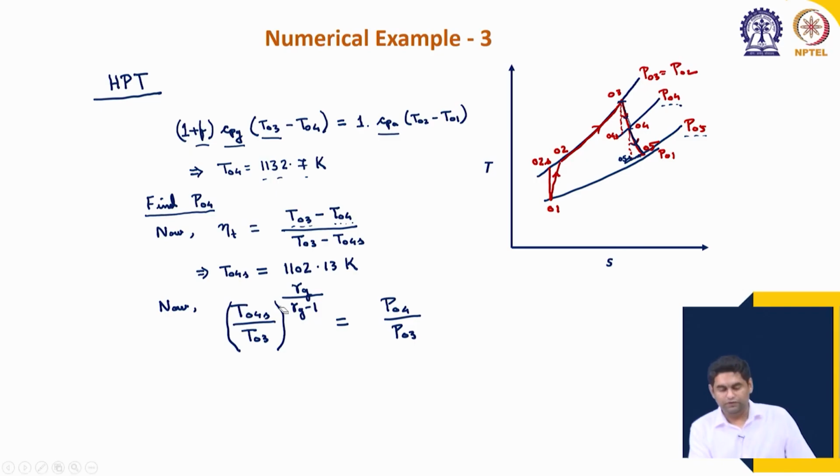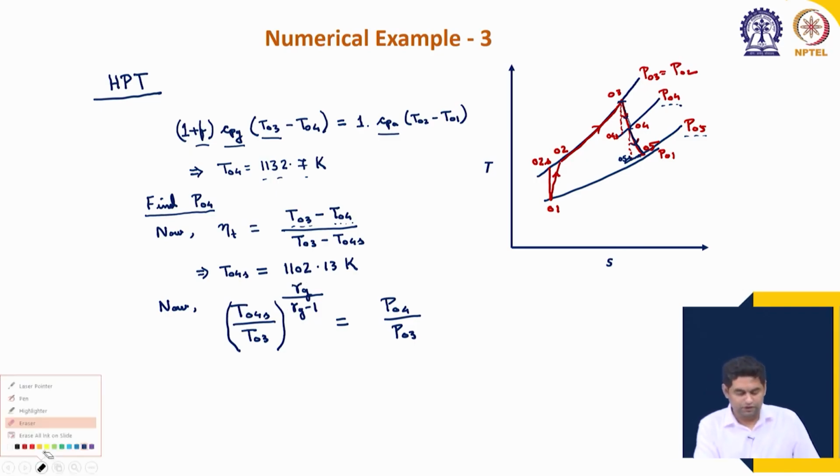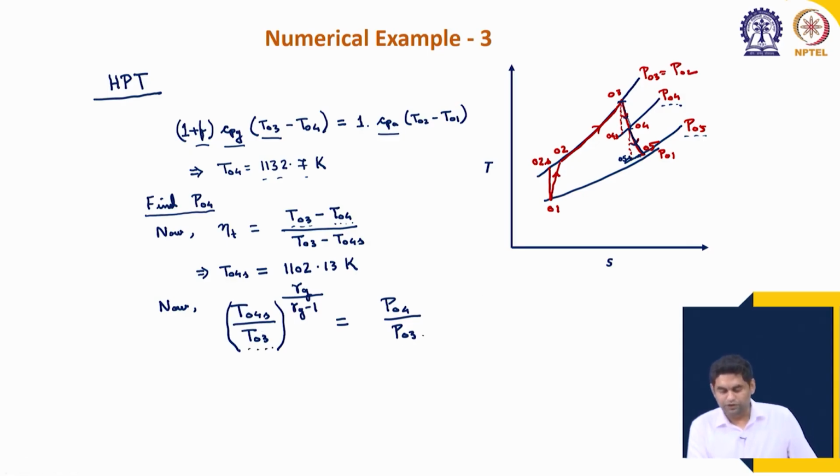Here again T04s is known, we have already calculated, and T03 is known, P03 is also known, gamma g of course is 1.333. So, only unknown is P04.